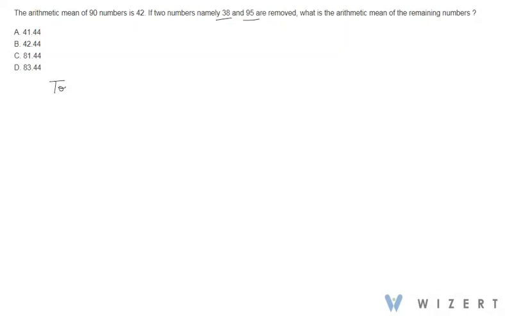So, total number of data samples is equal to 90 for the first case, and mean is equal to 42.